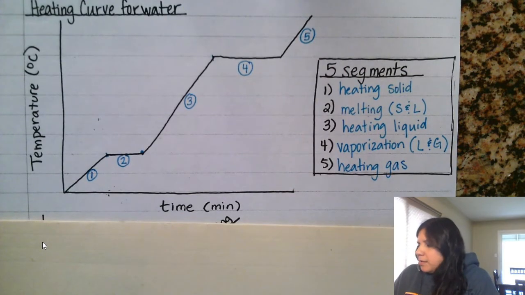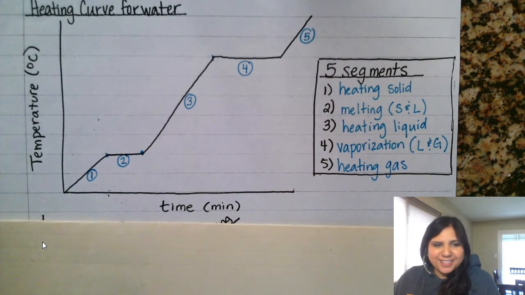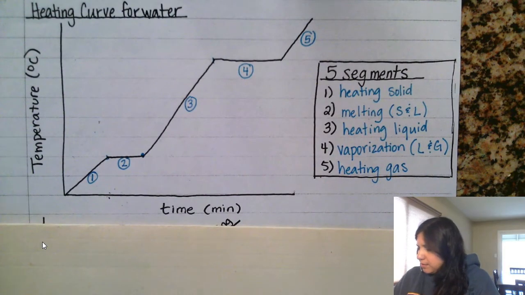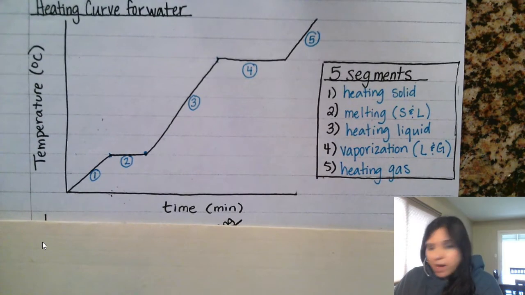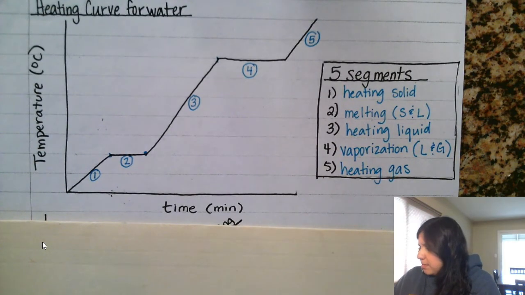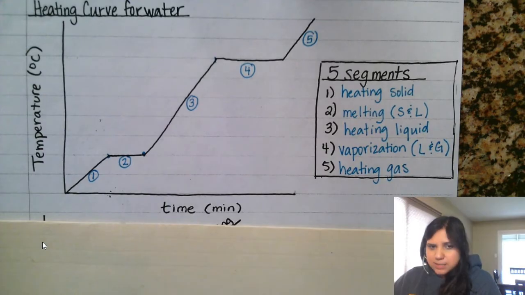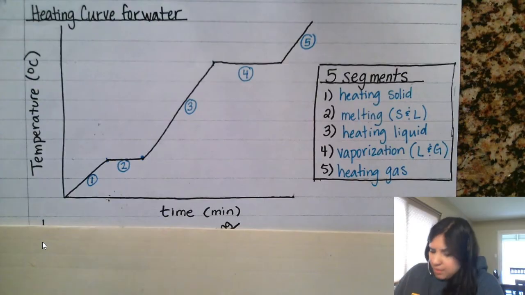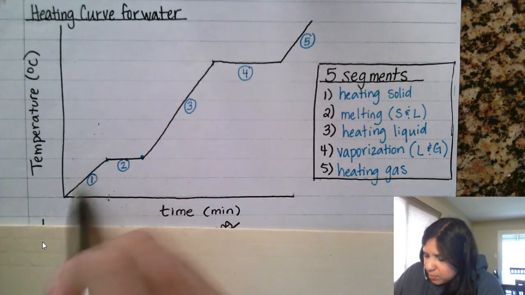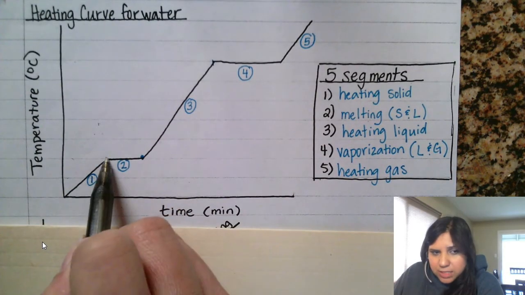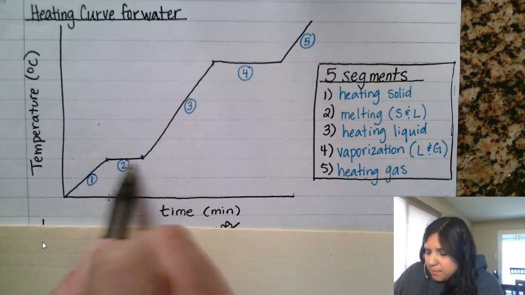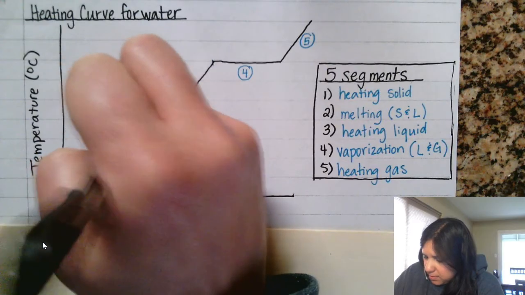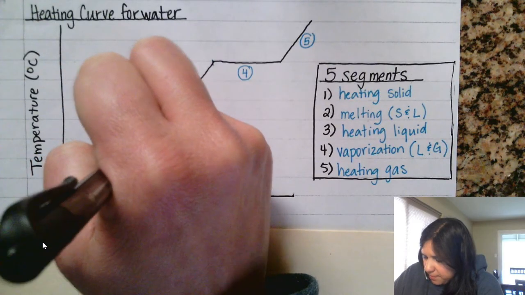All right. So some things that you have to know besides that are some temperatures. Since this is water, we should know the freezing point of water, or the melting point, and that occurs right here. So once it's done being a solid and it starts turning into a liquid, that is melting happening. So I'm just going to write that here. Solid to liquid is occurring.